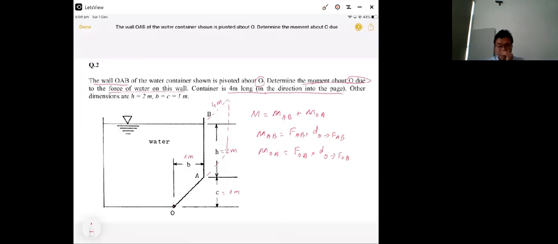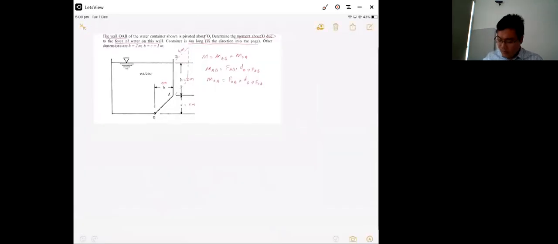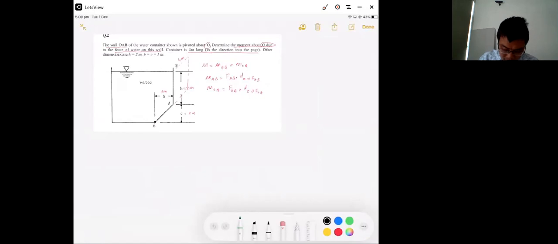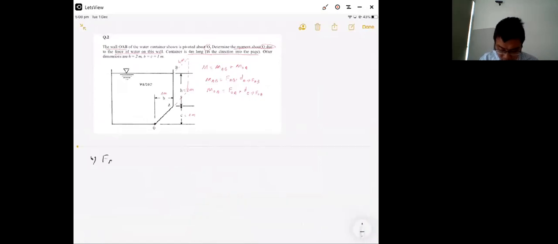So the key here is you have to find the force applied to wall OA and wall AB. So first we will work together on FAB, and you can try to find the force applied to OA.